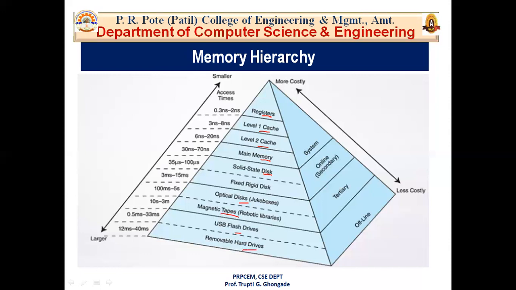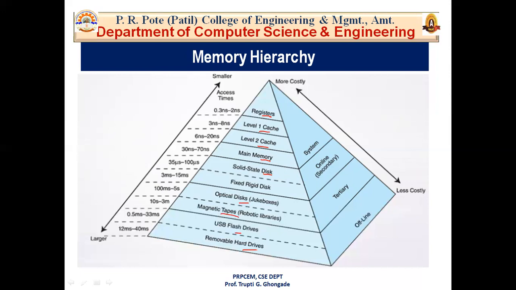The memory hierarchy is represented using a pyramidal structure, and in that pyramidal structure we organize the different memory devices which are basically used in our computer system. Here are some characteristics by which we design this.